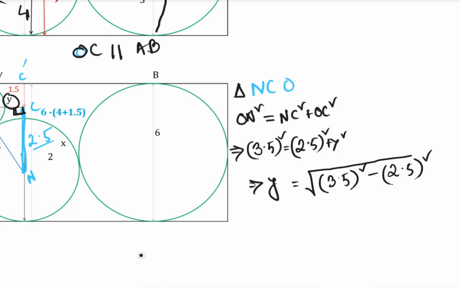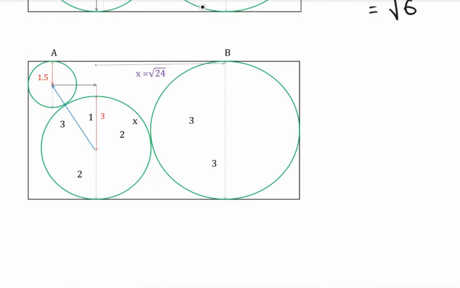This is actually 3.5 whole square and 2.5 whole square. Indeed, what we have is square root of 6. And this is length, that's why we only take the positive value, not the negative value. So the final touch, this point is C prime and C, and this is y. So y equals square root of 6, right?